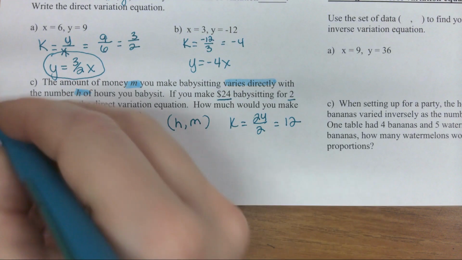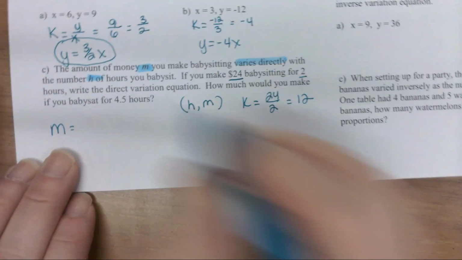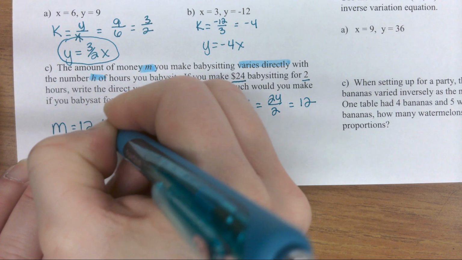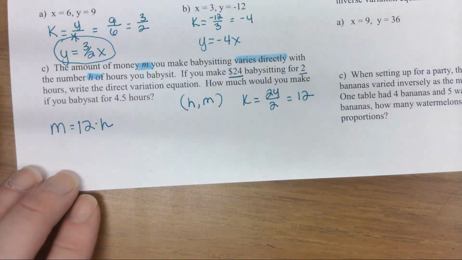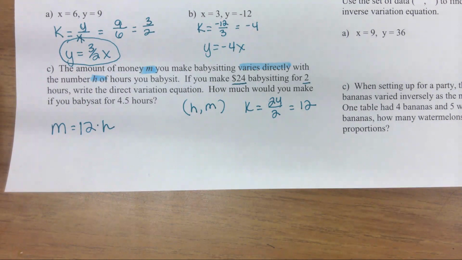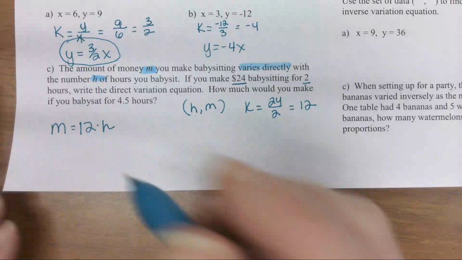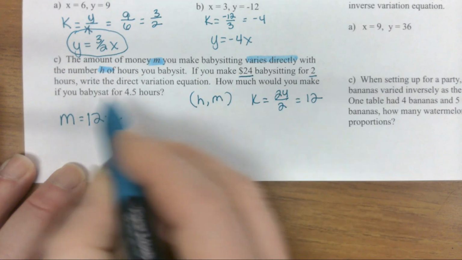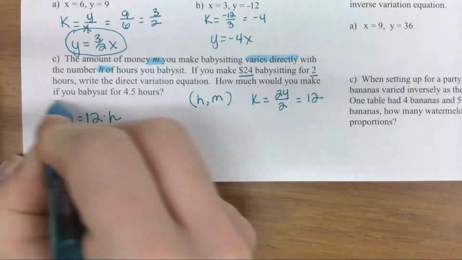So the money you get is $12 per hour. So how would you figure out for 4.5 hours? Wouldn't you just multiply it by 12? Because it says, how much money would you make if you babysat for 4.5 hours?